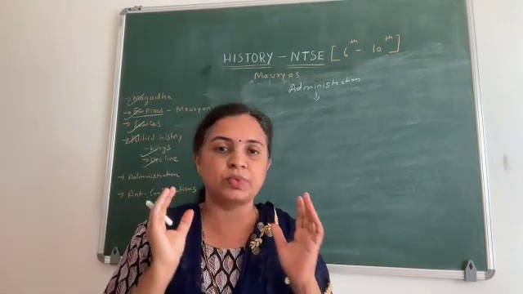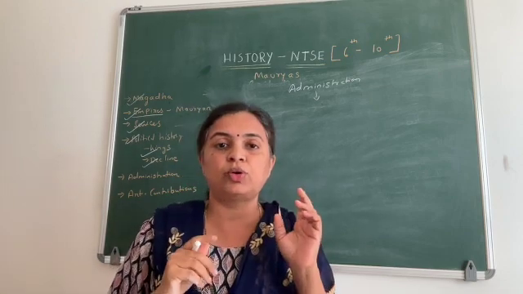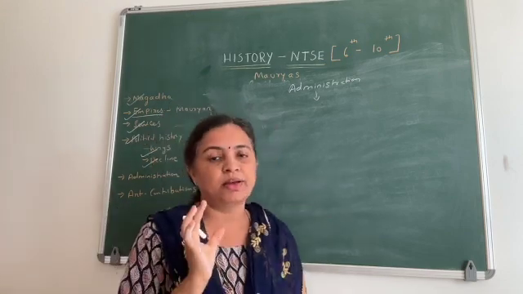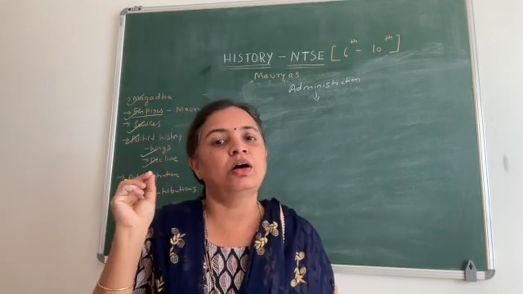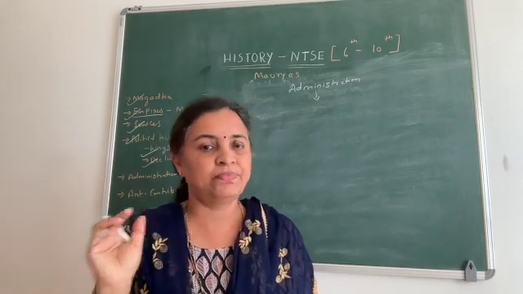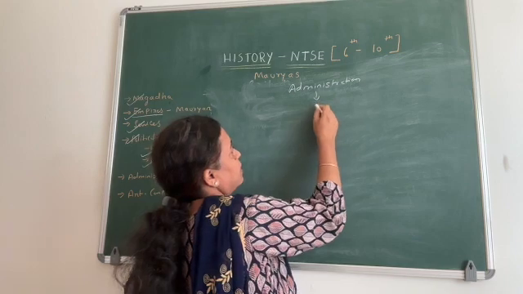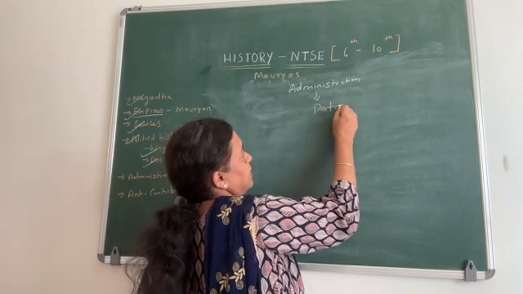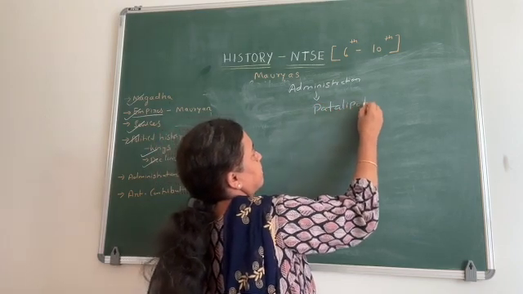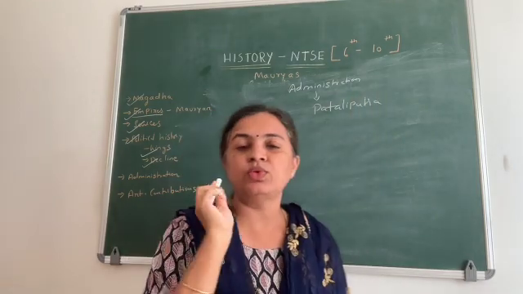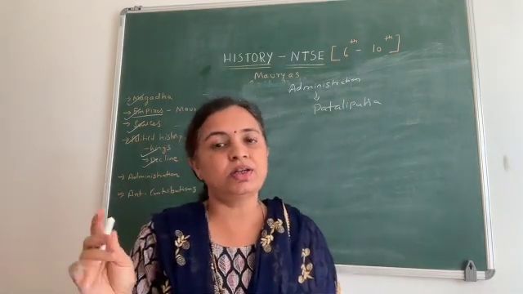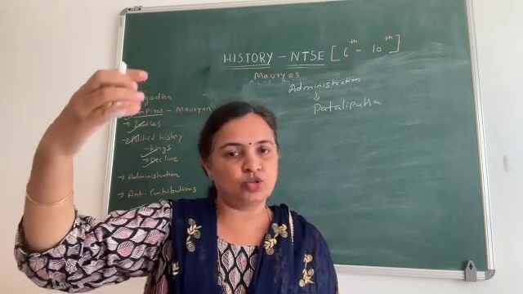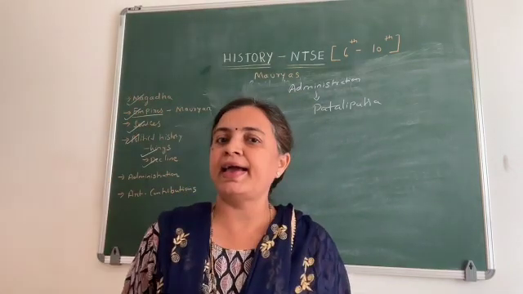So the empire was very big. That is why Chandragupta Maurya, who founded the Mauryan Empire, gave a few guidelines, rules. He said that the capital was at Patliputra, and it was centrally managed. A king used to look after the entire region.